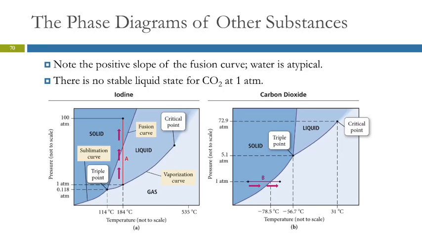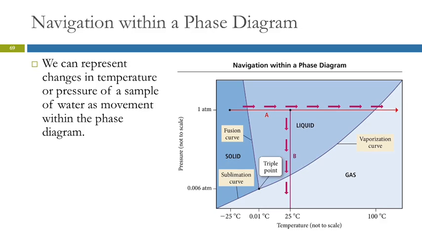When we look at other substances, here we have iodine and carbon dioxide. The phase diagram can look quite different. So let's look first at this fusion curve. Here, this has a positive slope, and this one has a positive slope. Let's go back and look at the water. It's got a negative slope.